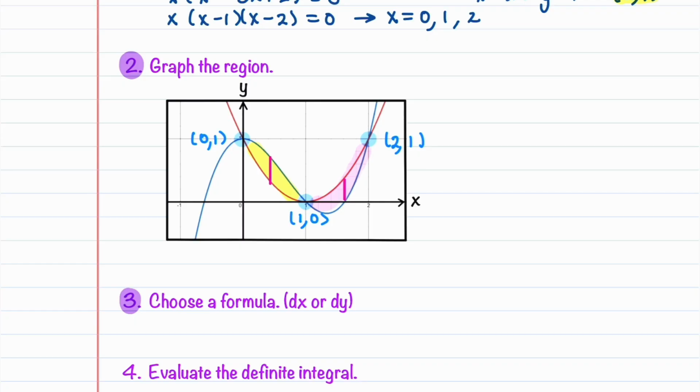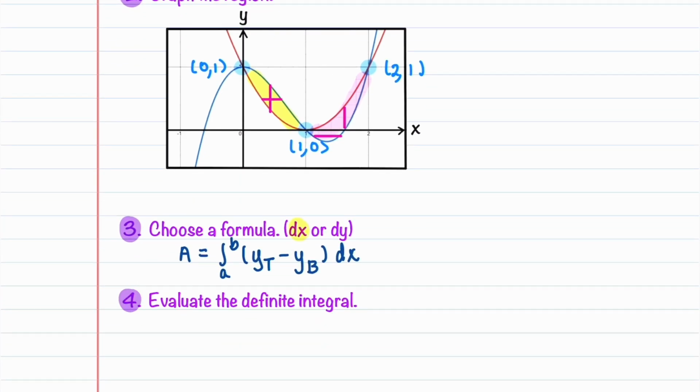If we want to integrate with respect to y, we draw a horizontal line, but notice in our pink region, if we draw a horizontal line at the bottom, we have the same curve on the right and on the left. So we definitely want to integrate with respect to x. Our formula then is going to be our area is the integral from a to b of our curve on the top minus our curve on the bottom times dx.